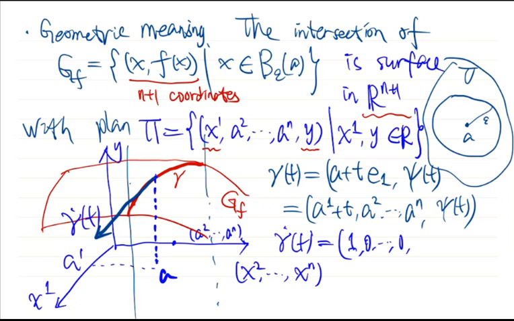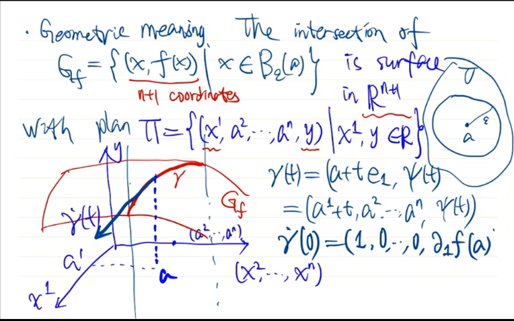The last one is the derivative of φ at 0, which by our definition is exactly the first partial derivative of f at this point A.